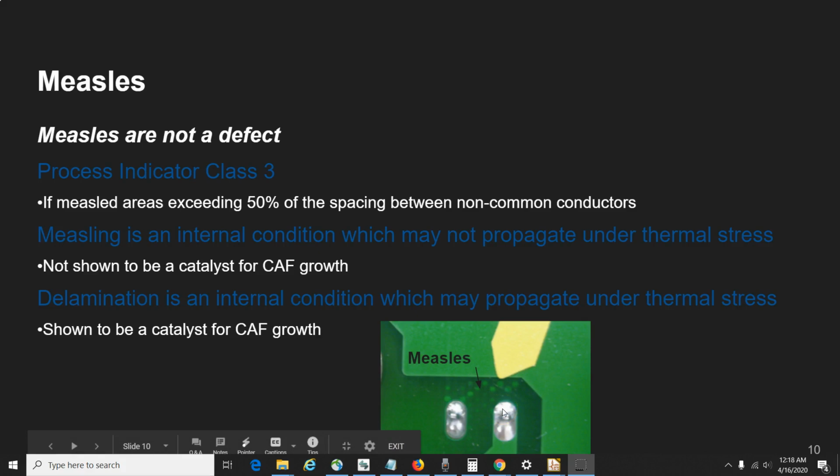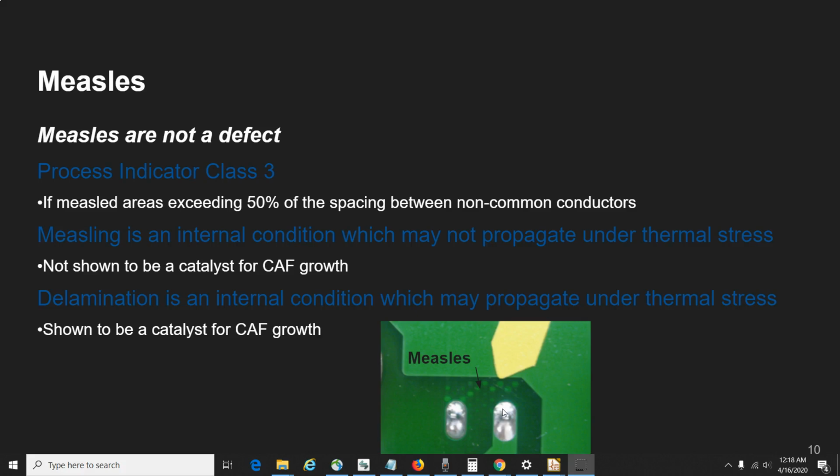They signal a destruction of the elements in the board, but some small measling can be within your tolerance as long as it is not very frequent or you don't have measling that bridges conductors and soldering vias.